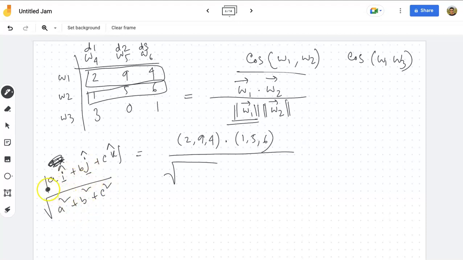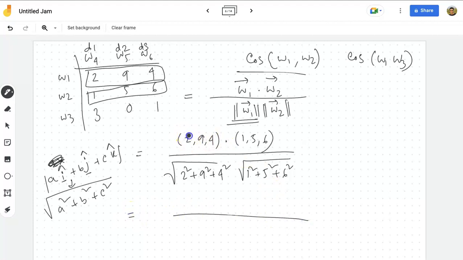Okay, so this is the modulus. Similarly, here it will be root over 2 square plus 9 square plus 4 square, and root over 1 square plus 5 square plus 6 square. And what is the dot product between two vectors? It's an element-wise multiplication.